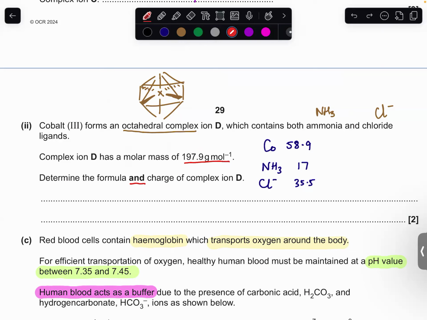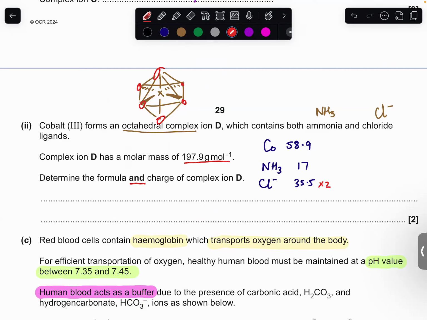So it's a game of trial and error. Let's assume that we're going to have 2 of these, and we know that there have to be 6 ligands in total. 1, 2, 3, 4, 5, 6. So let's try this out.